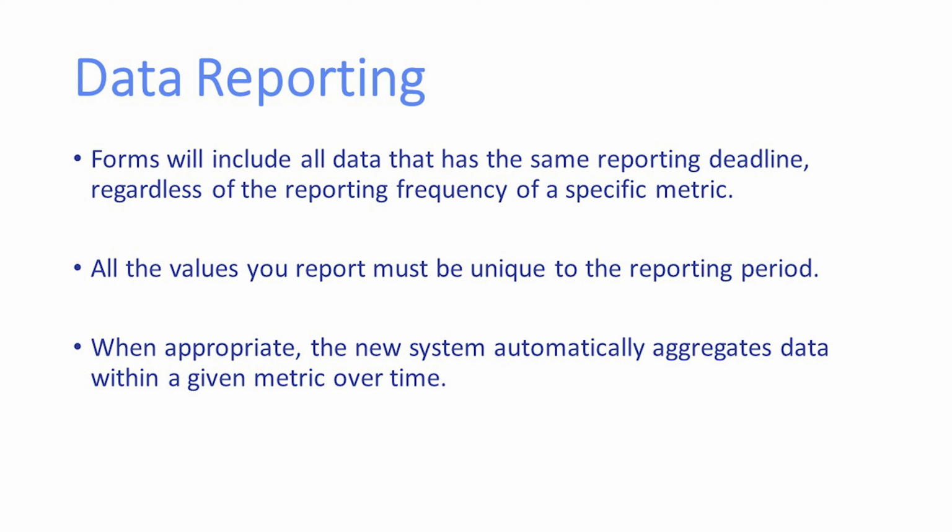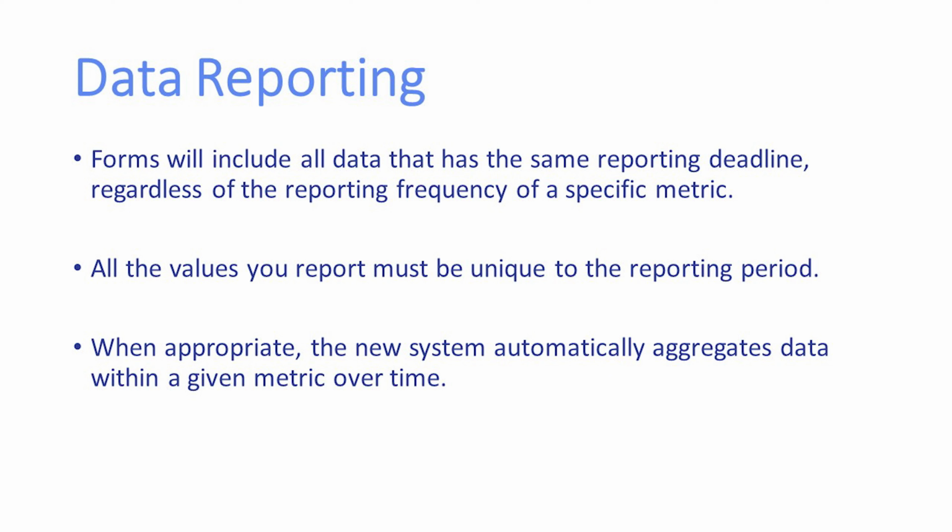This means that a form for FY quarter 4 can include metrics that are reported quarterly, as well as metrics that are reported annually. Or, a form for September can include data for that month and data for all of FY20 quarter 1, which is July through September.